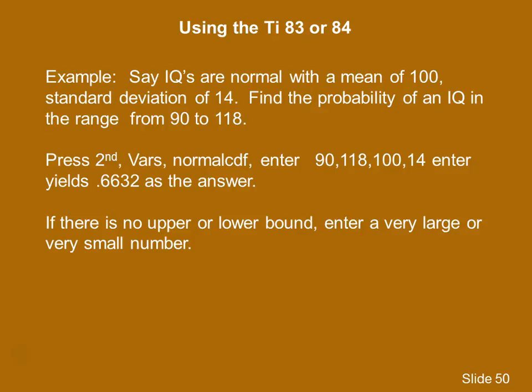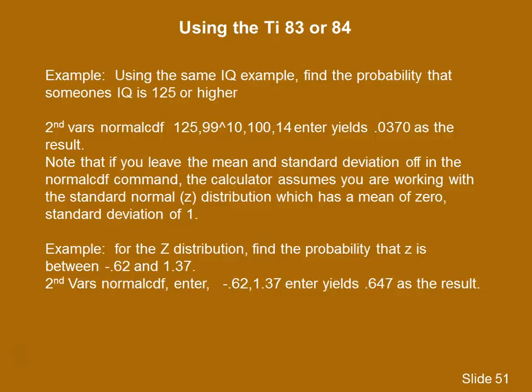If you want an interval that does not have an upper or lower bound, enter a very large or small number. What I mean by that, for example, let's go back to the IQ example. Suppose IQs are normal again with a mean of 100, standard deviation of 14, and we simply want the probability that an IQ is 125 or higher. There's no limit on the higher portion of this. So again, our lower bound is 125, but our upper bound is basically infinity.